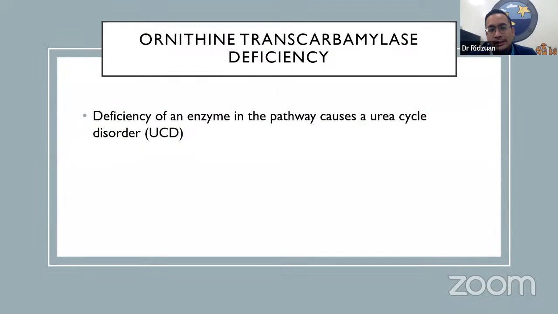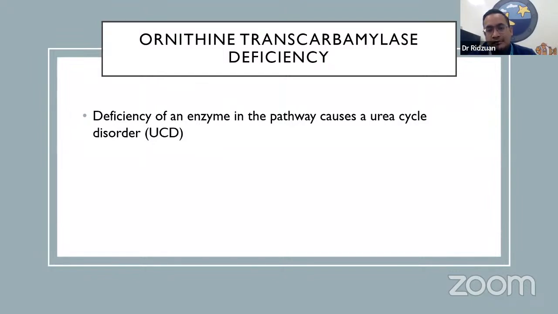So what is ornithine transcarbamylase deficiency? It is a deficiency of an enzyme in the pathway of the urea cycle. For your information, OTC is part of urea cycle disorder. In urea cycle disorder, there are 6 diseases involving 5 enzymes and 1 cofactor.